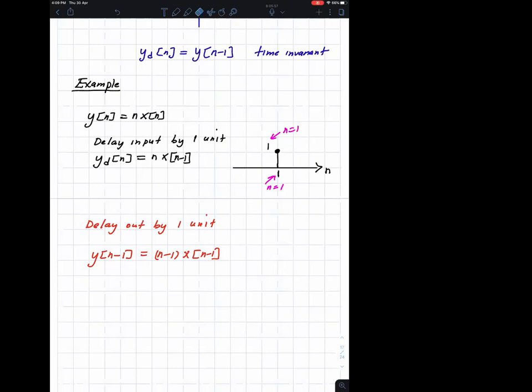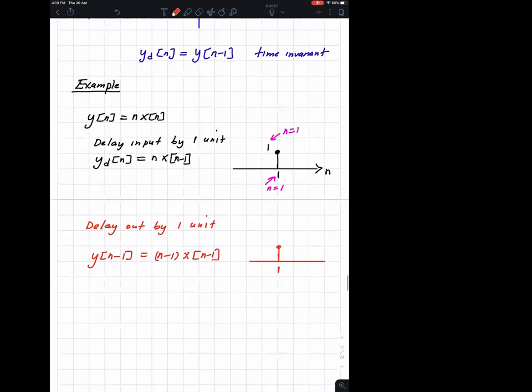Let's go ahead and plot this. The thing is, it's happening same as before. You're going to have the signal when n equals 1. Okay, that's fine. Same as before. But what about the amplitude? Amplitude is n minus 1.